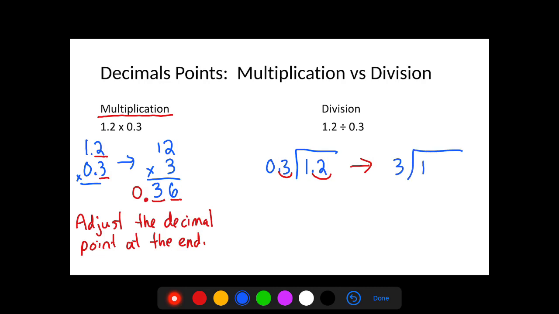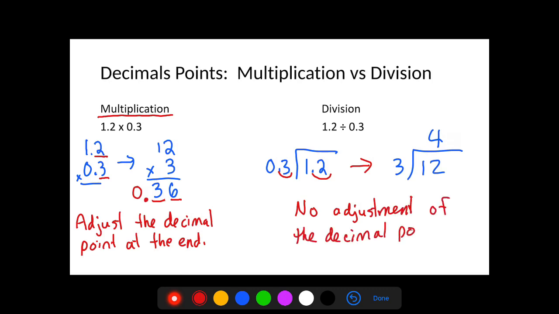This becomes 12 divided by 3, and the answer is 4, and I'm just done. In this case, I have no adjustment. No adjustment of the decimal point at the end.